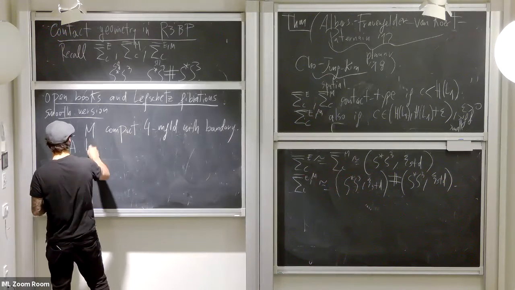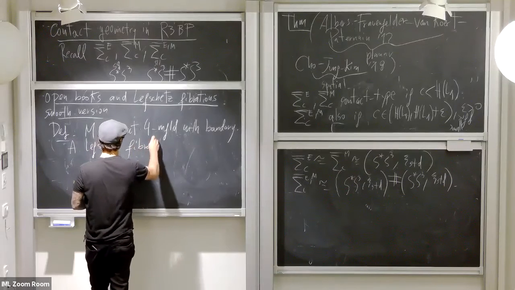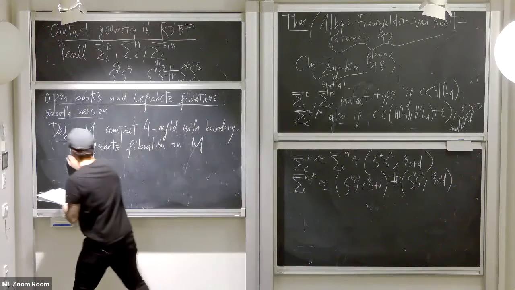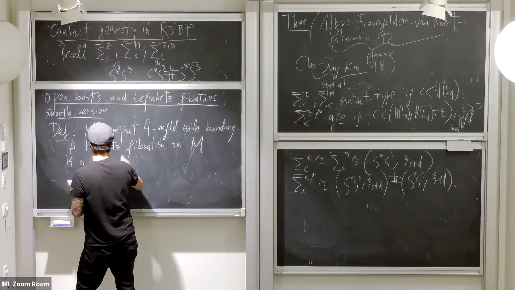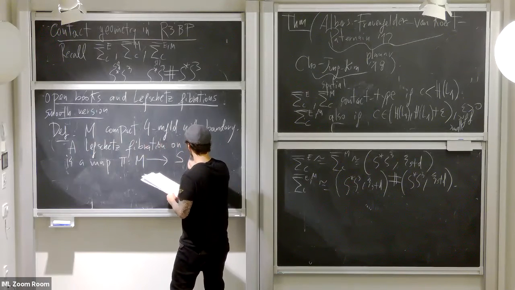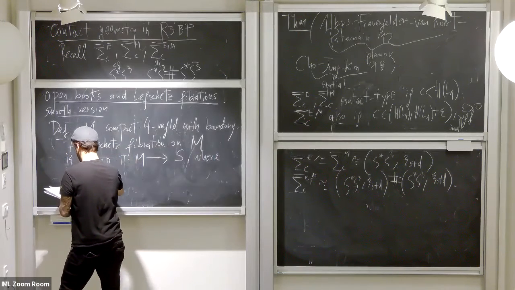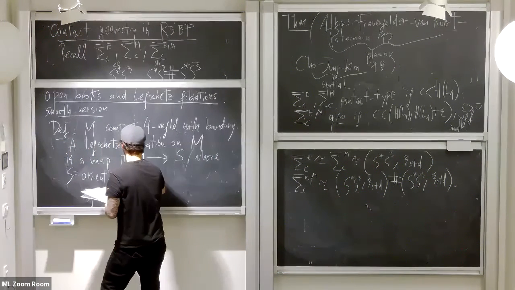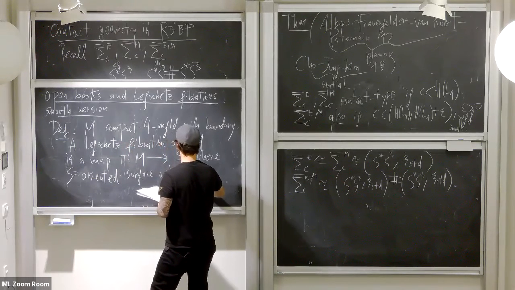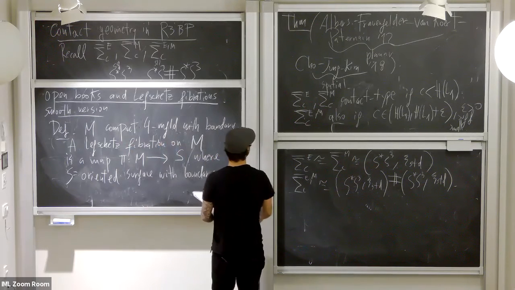So a Lefschetz fibration on M is a map pi from M to a surface S, where S is an oriented surface with boundary, satisfying the following conditions.